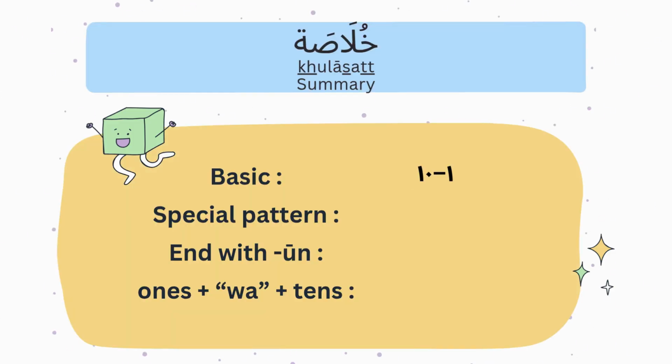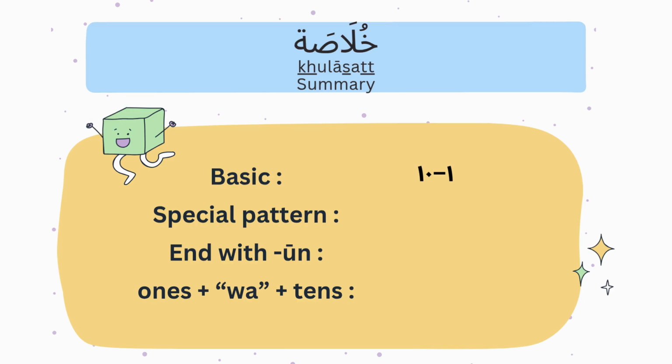So, students, let's break down the logic of Arabic numbers. It's actually very systematic once you see the pattern. Numbers 1 to 10 are your foundation. We consider these numbers 1 to 10 as your building blocks.